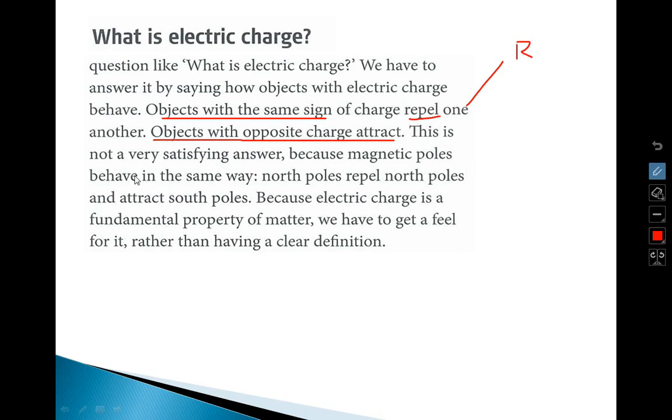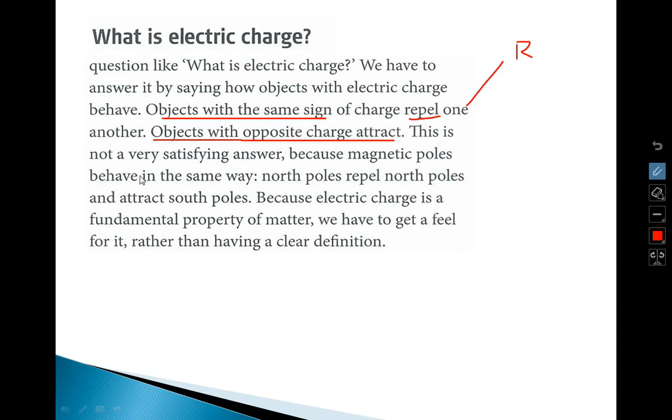This is actually not a very satisfying answer, because magnetic poles behave in the same way. North poles repel north poles and attract south poles. Because electric charge is a fundamental property of matter, we have to get a feel for it rather than having a clear definition.